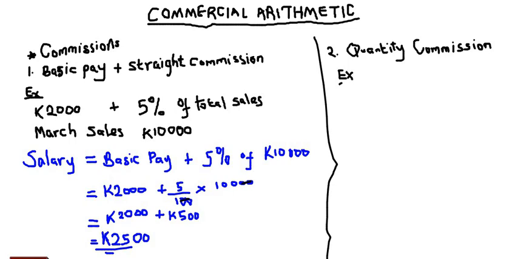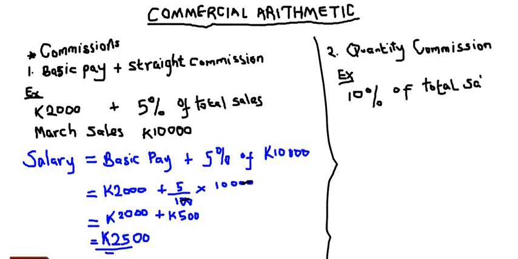So if for example we say, okay, there is a quantity commission of 10% of total sales, or it could be a fraction of a unit sale.